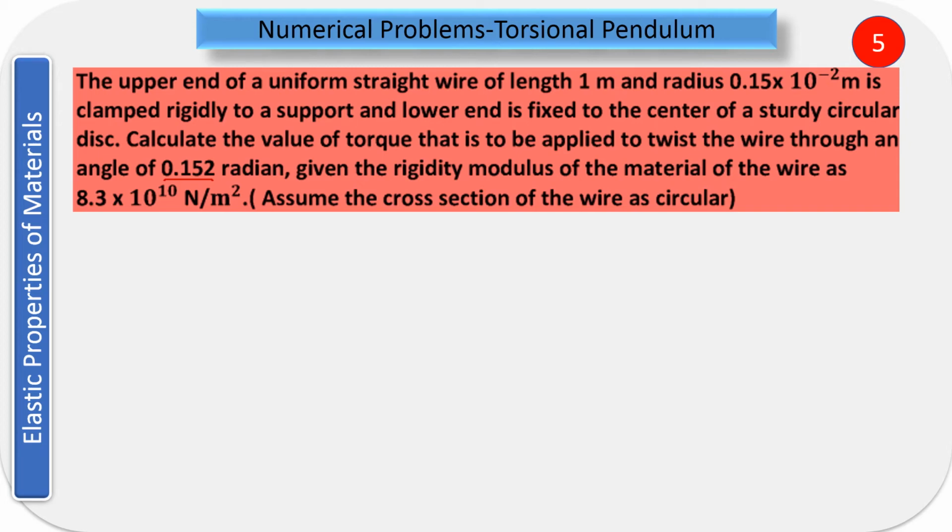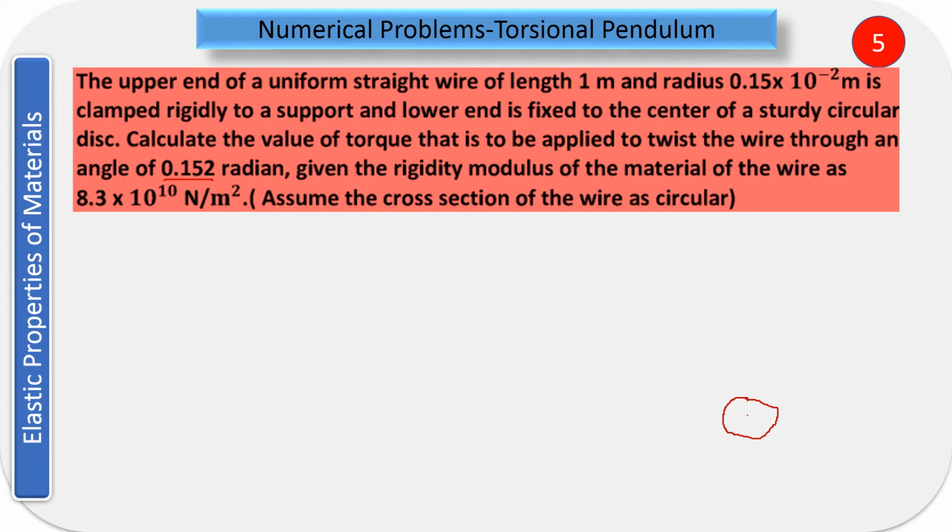All right. Now you see what the problem says. Let us suppose here we have got a circular wheel, right? The upper end of the straight wire of length 1 meter and radius is clamped rigidly to the support, and the lower end is fixed to the center of the sturdy circular disc.